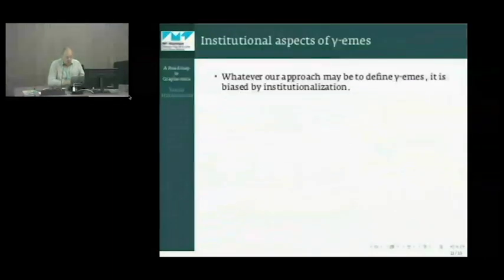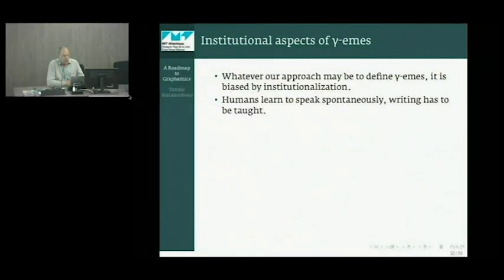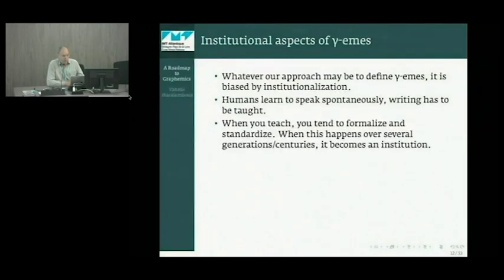And we cannot avoid institutionalization. So what happens is that, as Ferdinand de Saussure already said, we learn to speak spontaneously, but somebody teaches us how to write. And when you teach something during centuries and millennia, then you formalize it, you standardize it, and it becomes an institution.